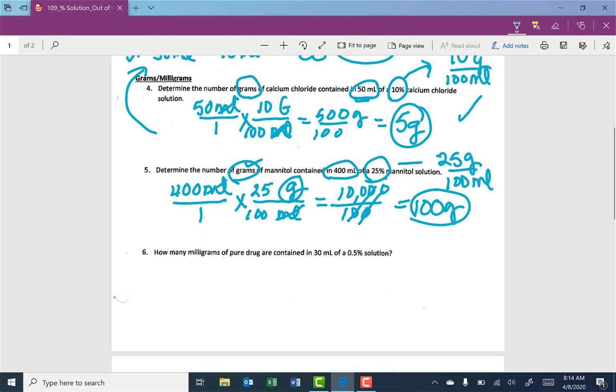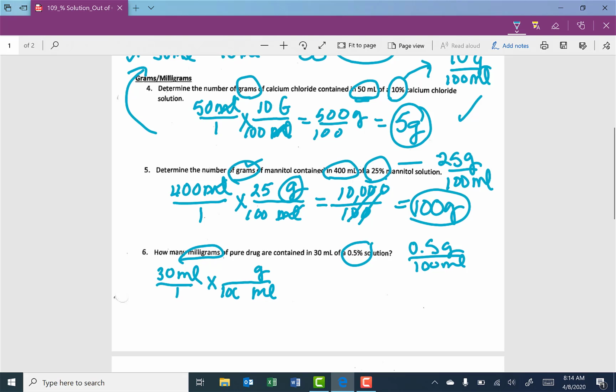Okay, let's try another one. We have time for one more, number 6. How many milligrams of pure drug are contained in 30 milliliters? So we have 30 milliliters over 1. We know our 0.5 solution is going to give us 0.5 grams over 100 milliliters. So we multiply this by our milliliters and our grams.